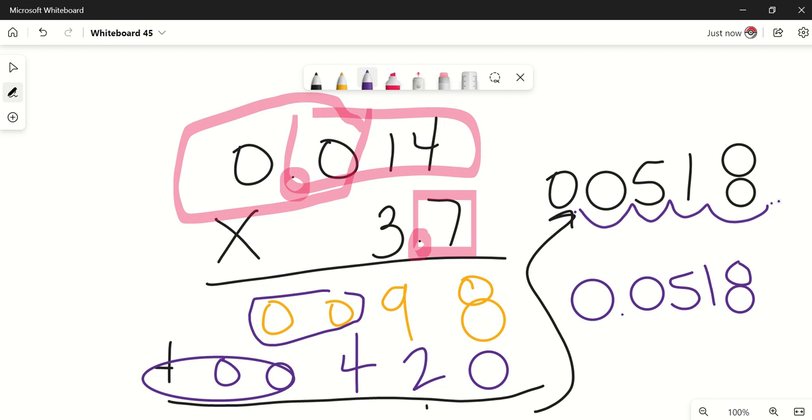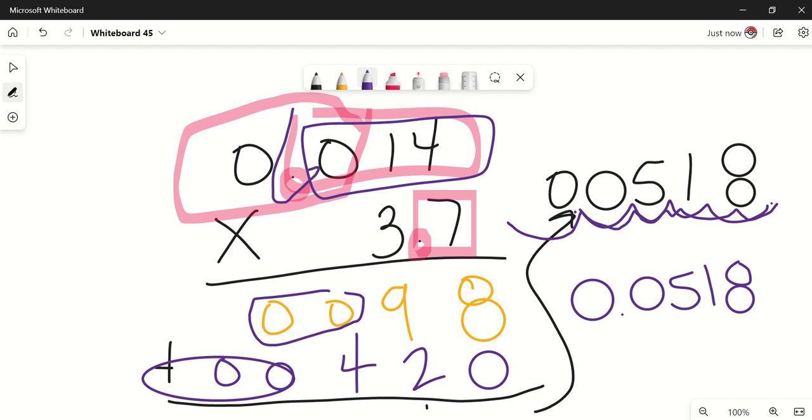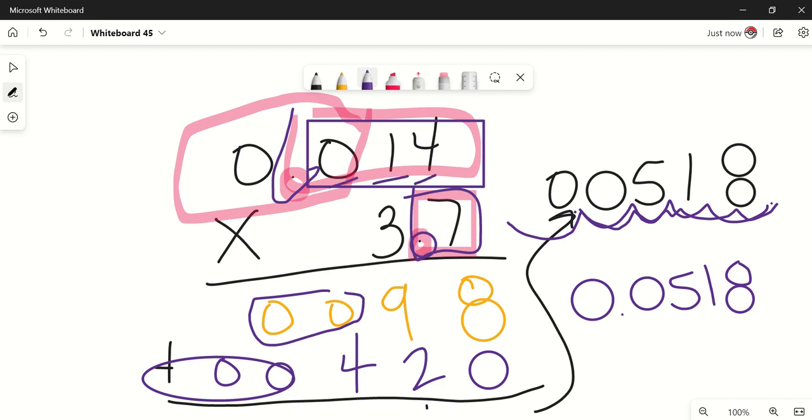And anytime you jump spaces like this, if you ran out, you just annex zeros to jump those spaces. Remember to count the numbers after a decimal at the end, and to add them both, especially if both numbers had decimals. So 1, 2, 3, 4 numbers, 1, 2, 3, 4 jumps, and the decimal goes right here. And that's all there is to it.